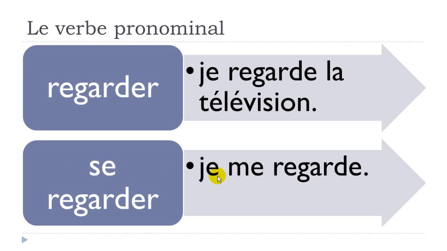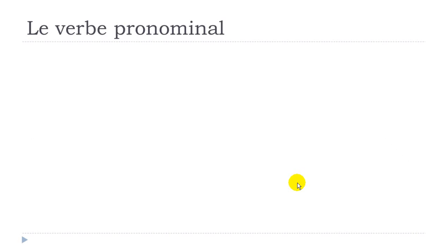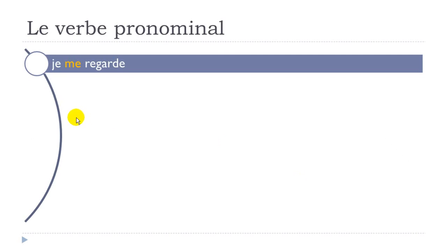So you will have to add this me before the verb. Je me regarde. Okay, so let's see how we will conjugate this verb in the present. Je me regarde.